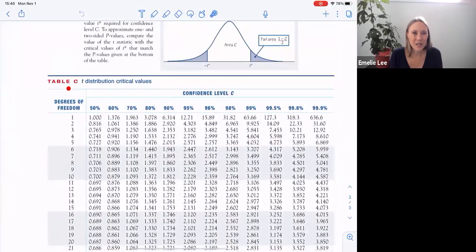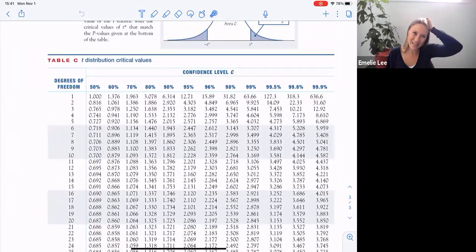Old school, but nice because I don't want to pull up software and show you how to use software here. An old school way is to use a t-table, right? Someone's done this work. They didn't use software. They had to do the calculations by hand. And so instead of doing them over and over again, they decided, hey, let's just make a table instead.